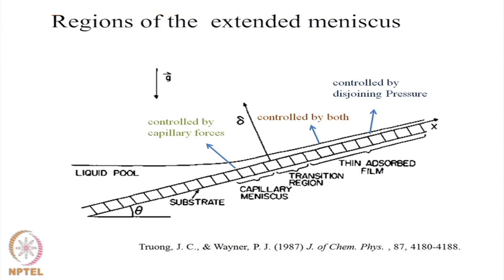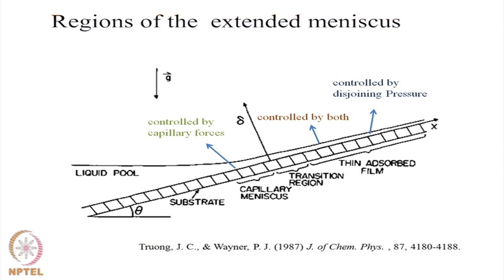So, this is a pictorial view of what I have shown you before. The frontal region, that is the very thin part of the film, is controlled by disjoining pressure. The thicker part of the film, which is known as the capillary meniscus, is controlled by capillary forces, and there is a transition region in between which is controlled by both the disjoining pressure and the capillary forces.